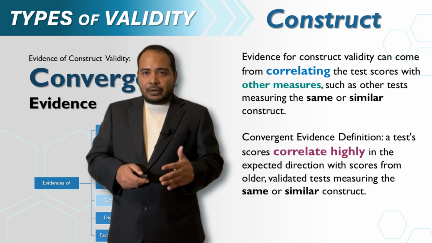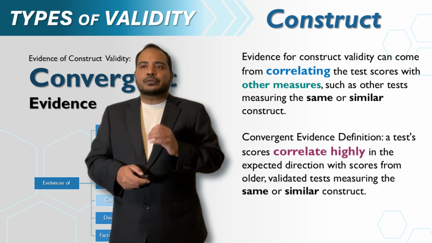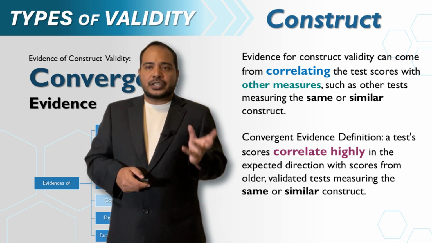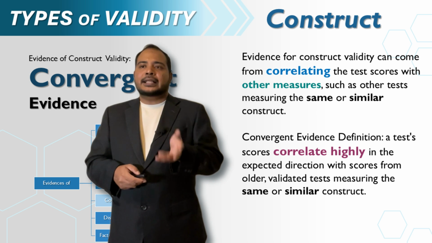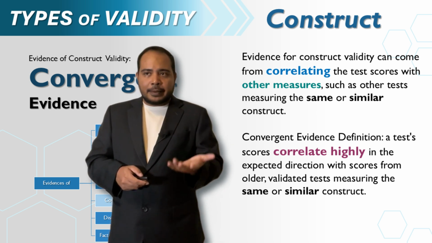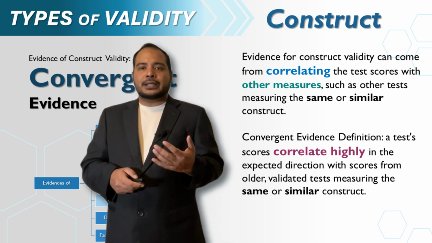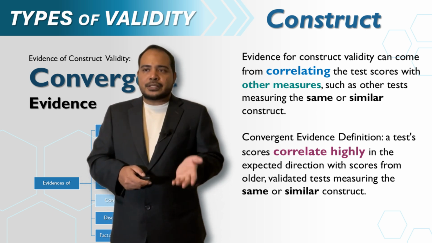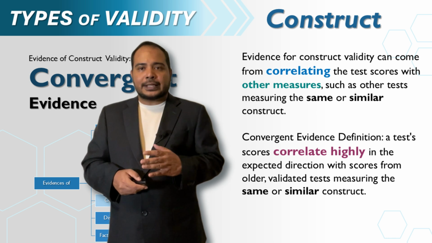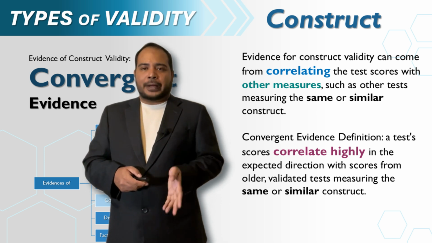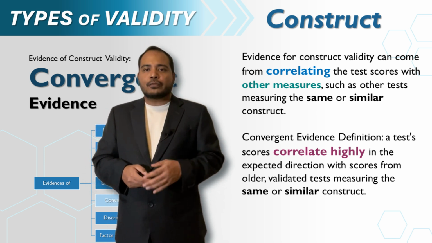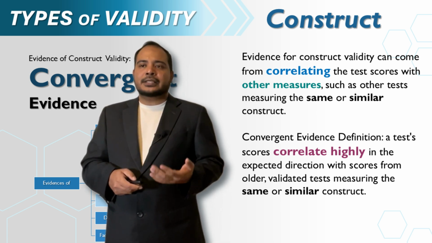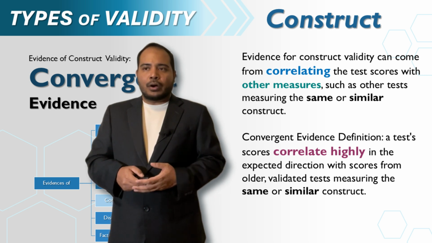Evidence for construct validity can come from correlating the test score with other measures, such as other tests measuring the same construct or measuring a similar construct. Convergent evidence refers to a test score correlating highly in the expected direction with scores from older or validated versions of the test measuring the same or similar construct.